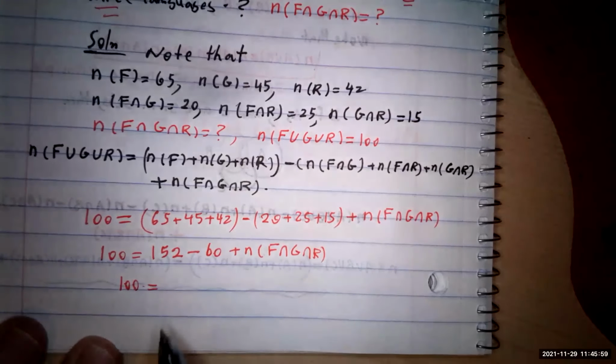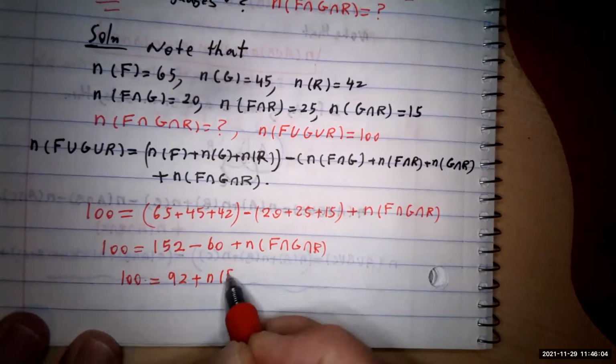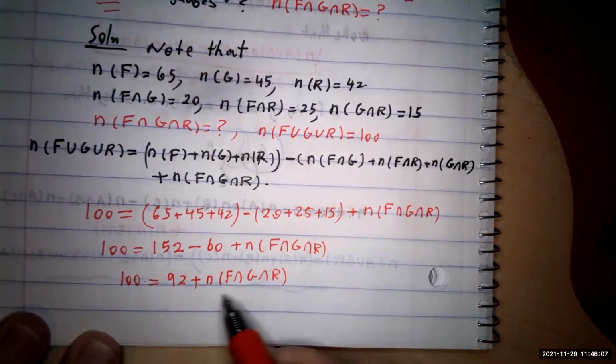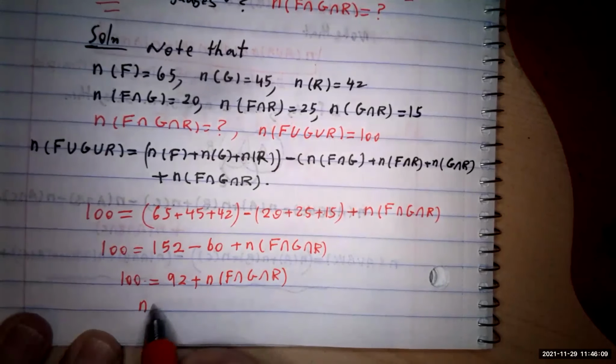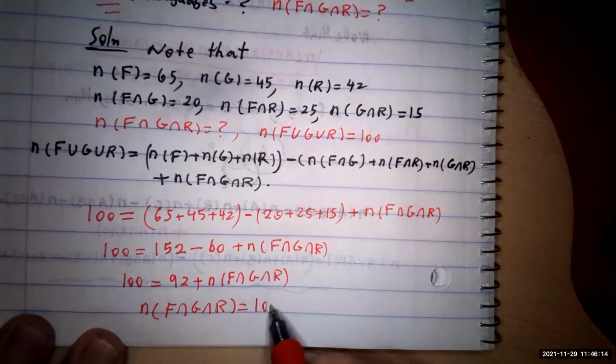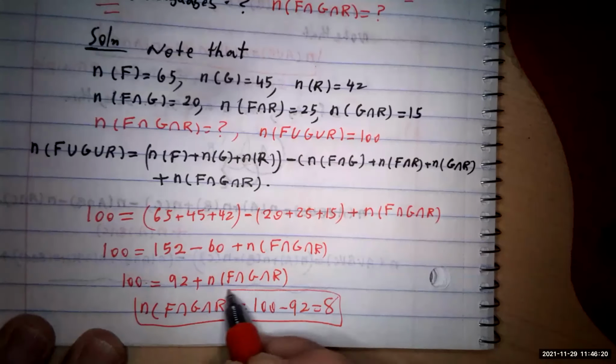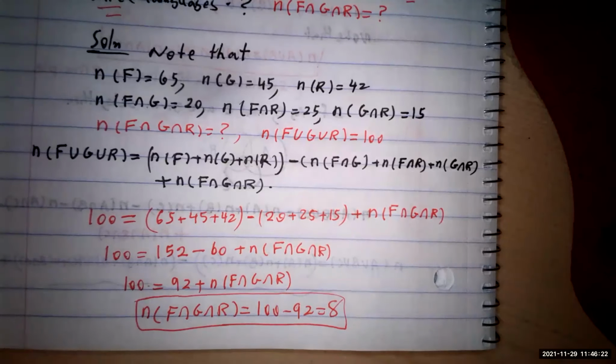And you subtract, that gives me 92, plus N of F intersect G intersect R. So the conclusion is that N of F intersect G intersect R is going to be 100 minus 92, which is equal to 8. So there are going to be 8 students who will take all the language courses together for this class that we have. Okay. Any question?